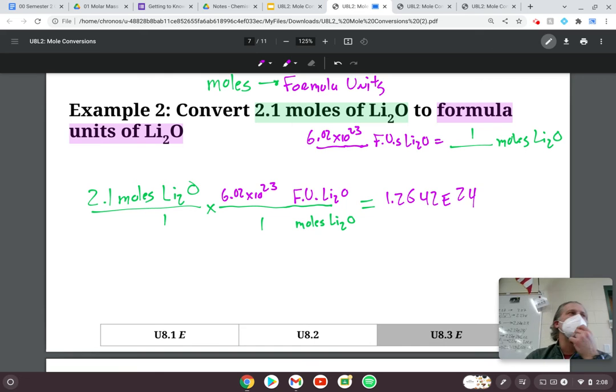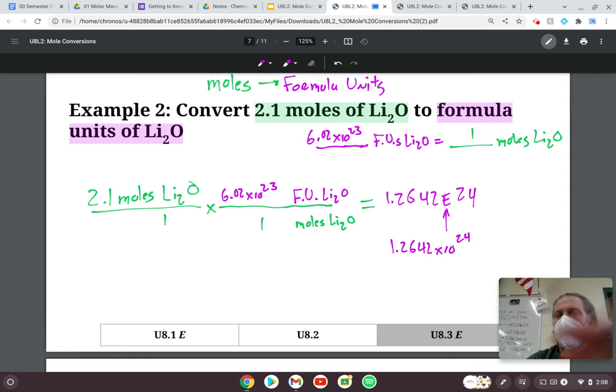And the last time I checked, none of us are robots or computers. Which means that none of you talk or think in computer programming language out loud. So you can't leave it as an E, you have to translate it into human language, which is 1.2642 times 10 to the 24th.